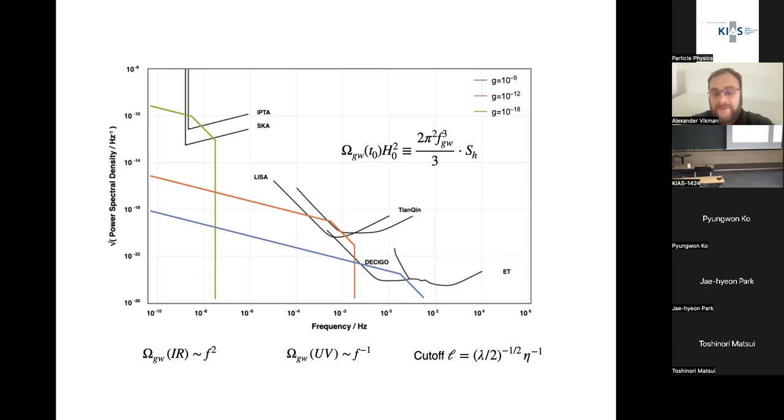Then after that, there is no reason for us not to believe in the UV calculation, because for these UV gravitational waves, we probably would not care about whether the tension was time dependent or not. It's irrelevant. So therefore, this omega GW is just 1 over F there. So that we see from the sharp cutoff, that's the first change of the slope.